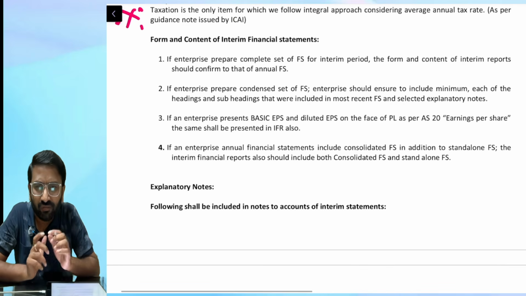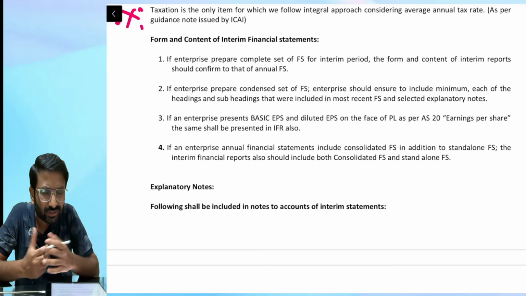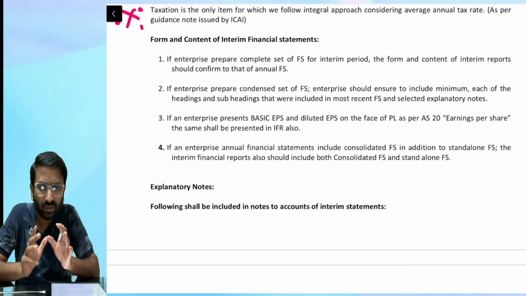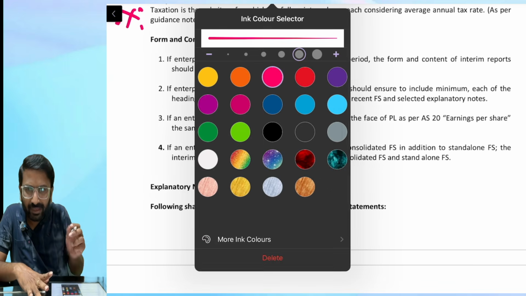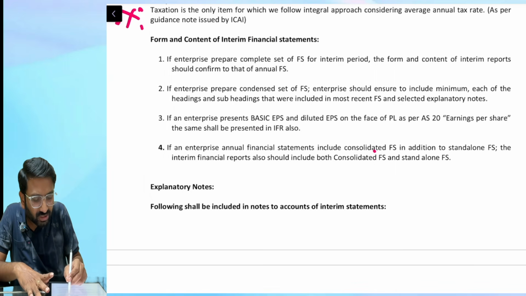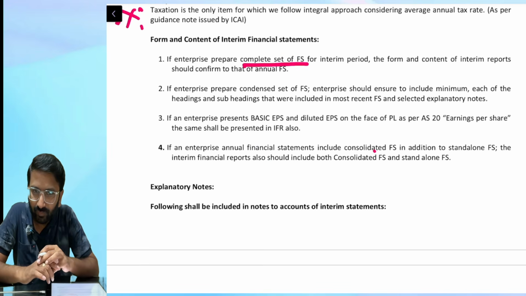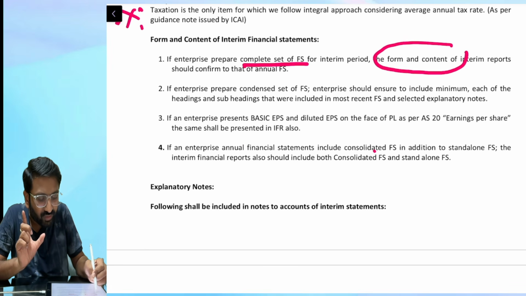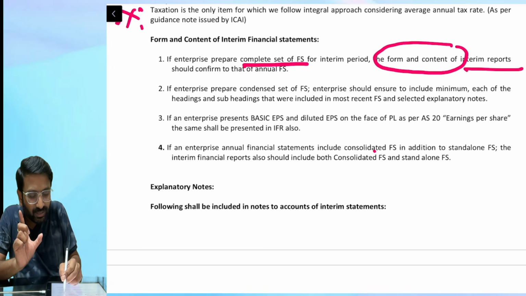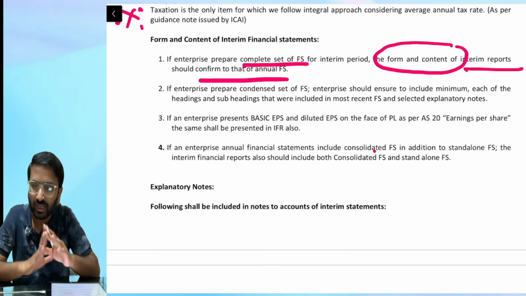Form and content of financial statement. This can be a theoretical question. Form and content of interim financial statement. If you are preparing a complete set of financial statements for the interim period, then you need to ensure that whatever format and content you follow for the interim period should be the same as that of the annual financial statement.